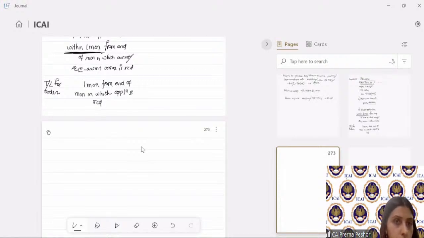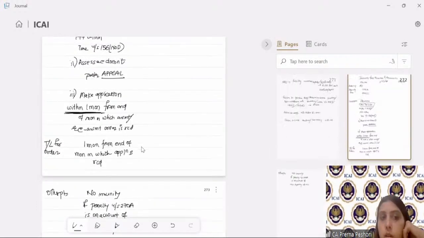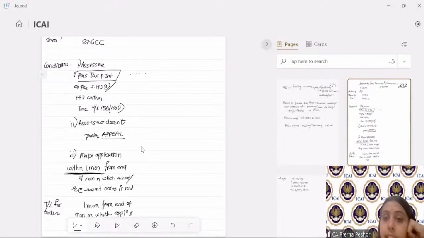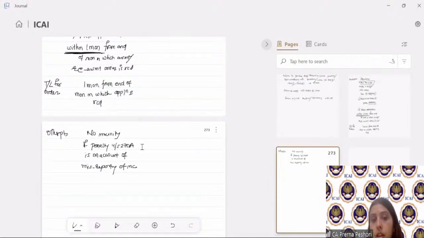So no immunity if penalty under section 270A is on account of misreporting of income. This is one of the important conditions: there should not be penalty on account of misreporting of the income. Is that clear?